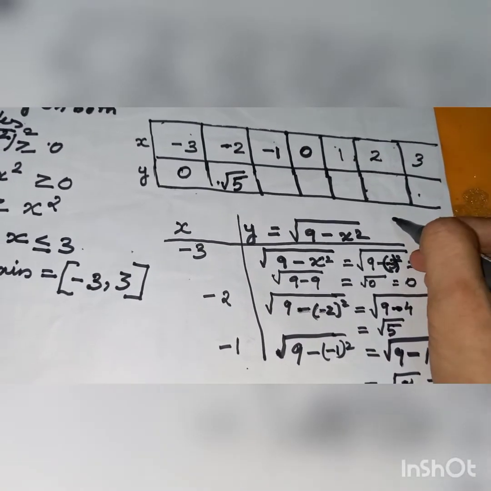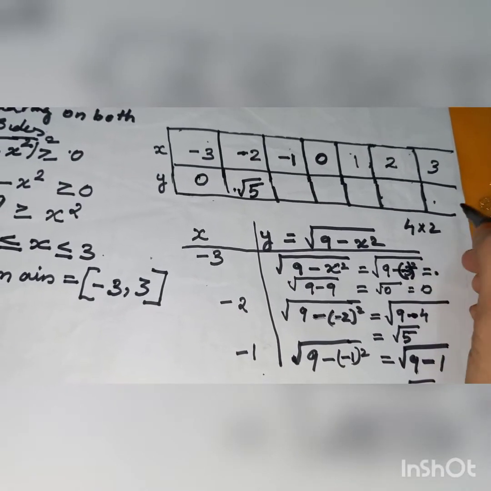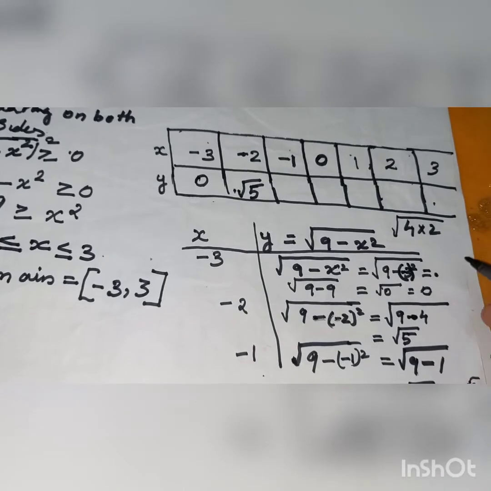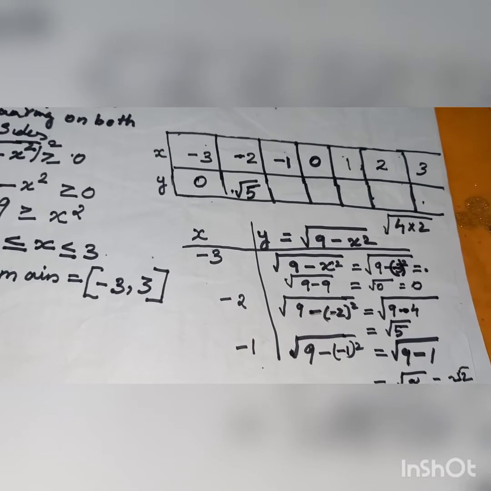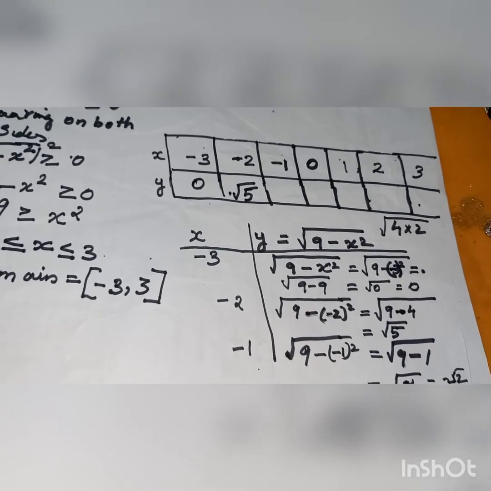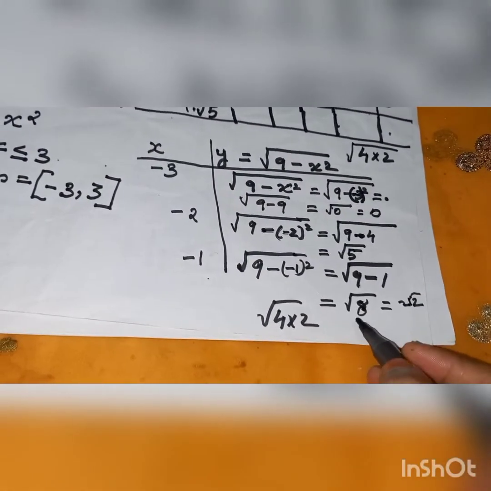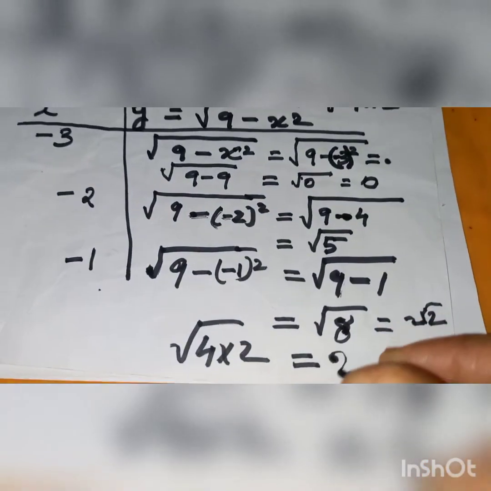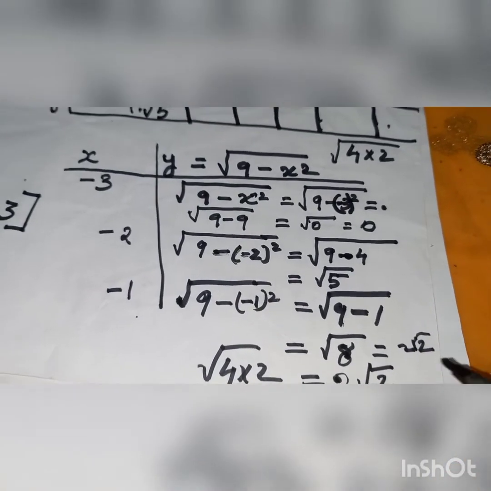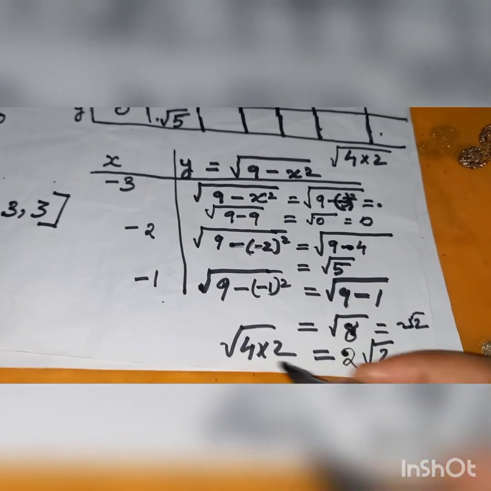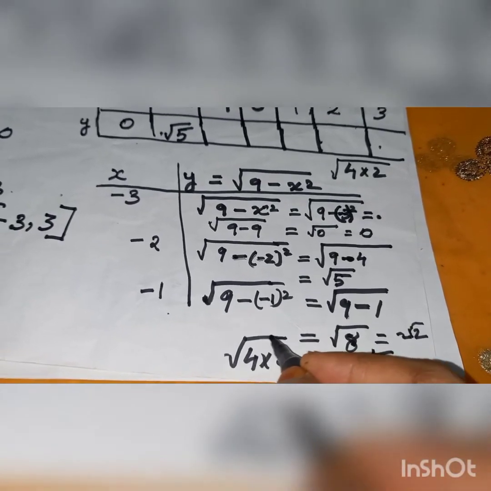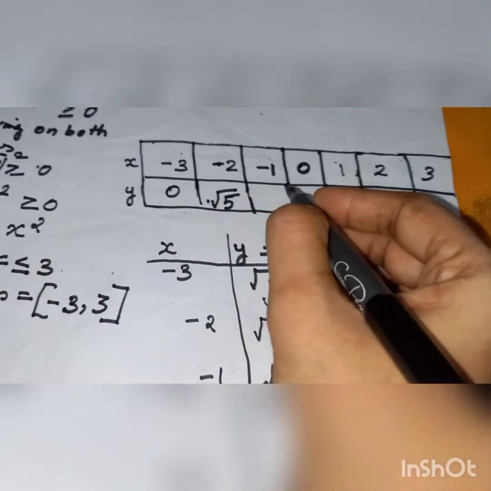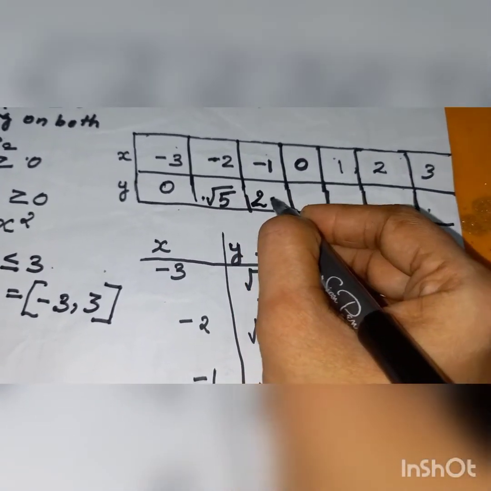You already know that 4 into 2 is equal to 8. So root 8 can be written as root of 4 into 2. From this we can take 2 root 2, since square root of 4 is equal to 2. So if you put minus 1, we get 2 root 2.